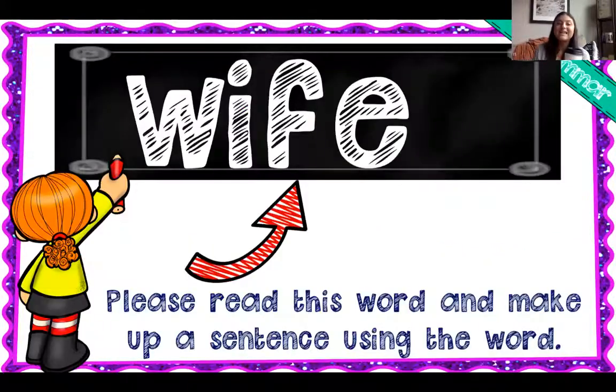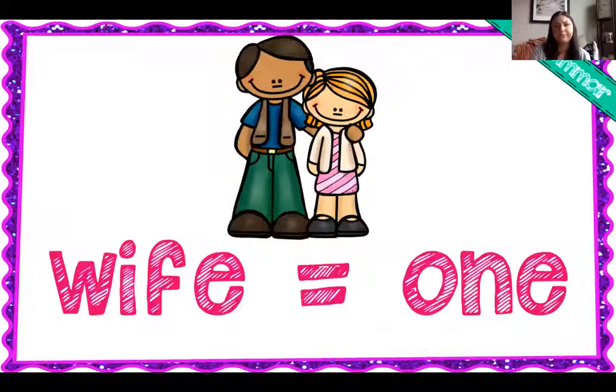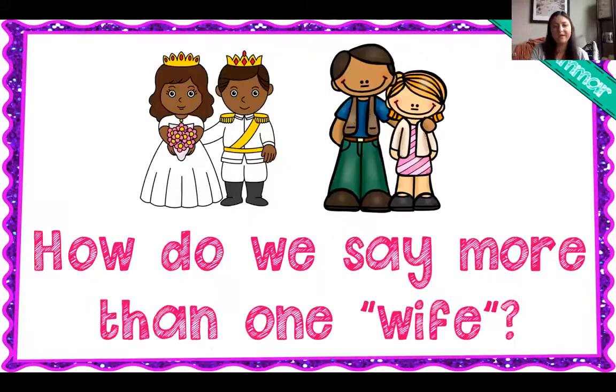Shelves. Same thing with the word wife. Let's see. Mrs. Smith is Mr. Smith's wife. It's a sentence using the word wife. My wife is a scientist. There you go. Does this refer to one wife or more than one? Just one wife.